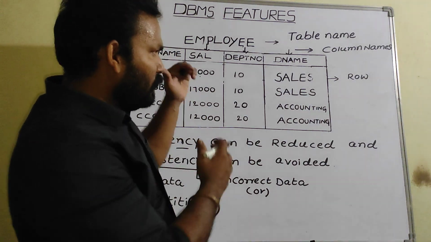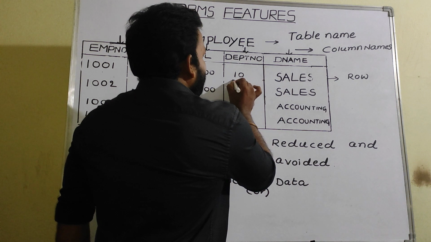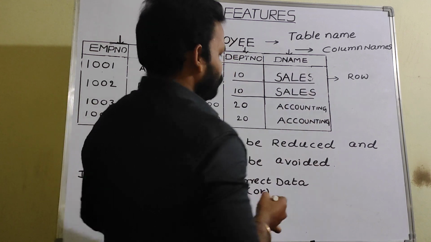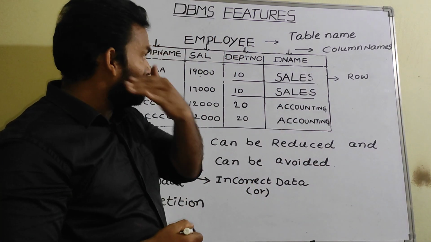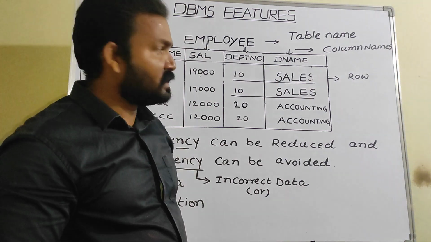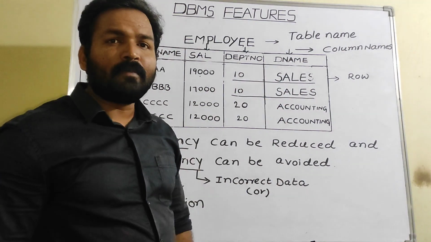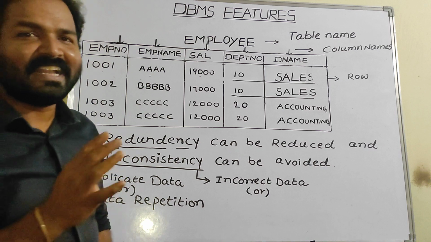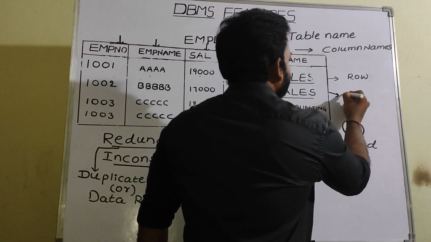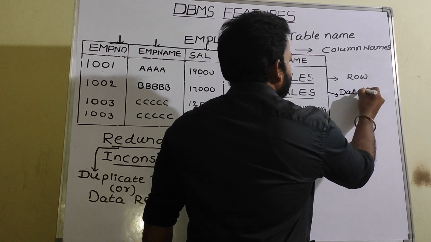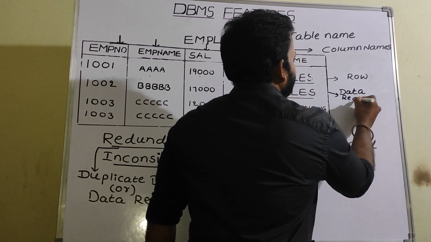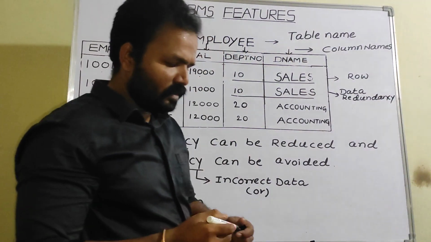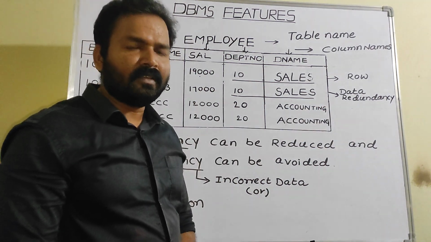If we look at this table, 10 sales, 10 sales: department number 10, department name sales, appears twice. It is called data redundancy.